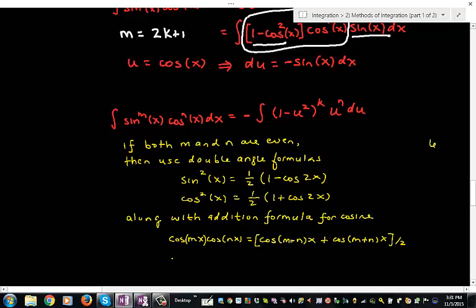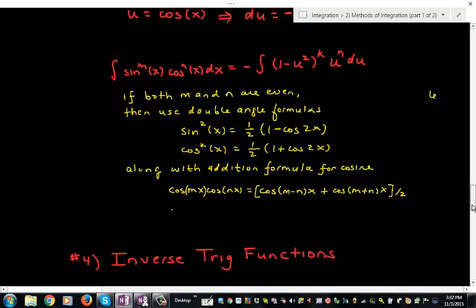And you can see it can get very difficult because, for example, if I have sine to the fourth, I'm going to rewrite that as sine squared squared. I'm going to write the square of the sine in terms of cosines and then square that, and I'm going to end up getting squares of cosines, which I'm then going to have to re-express using the double angle formulas. So it's going to get to be a little tricky.